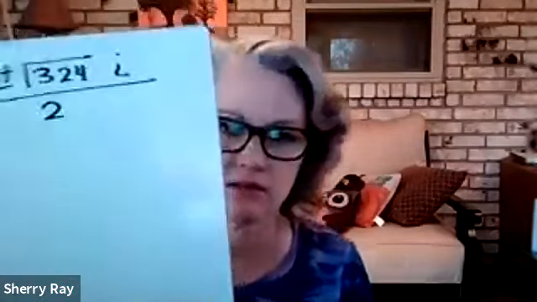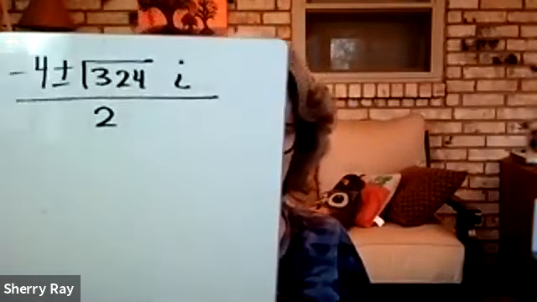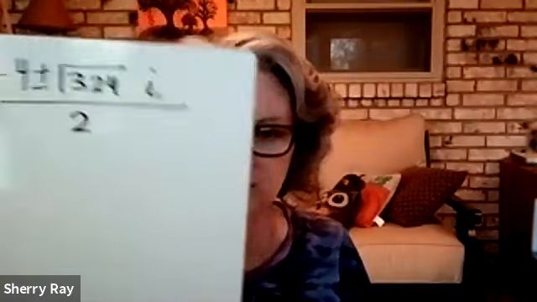And actually, let me rewrite this. For the negative under my radical, I'm going to rewrite this as the square root of 324 times i.